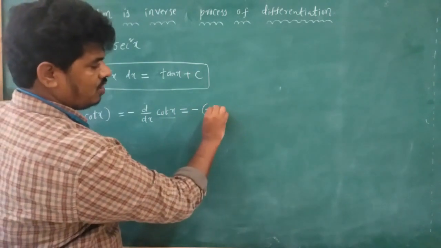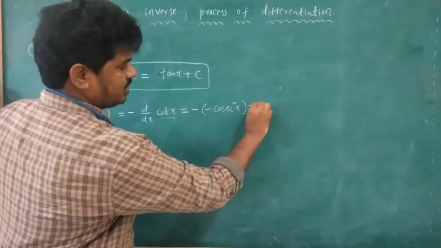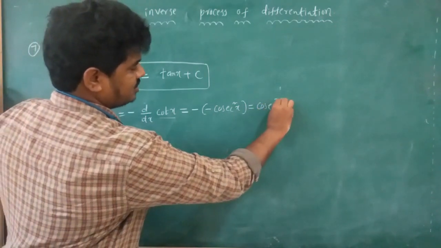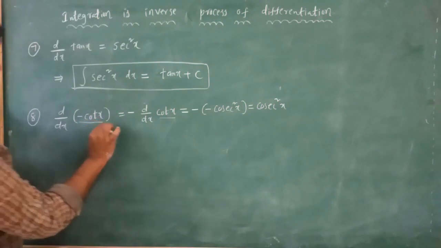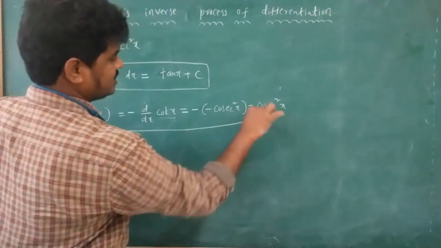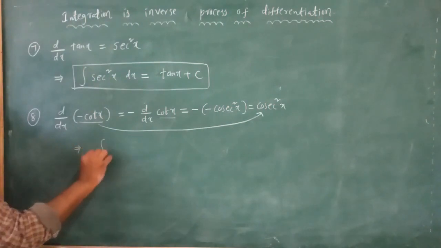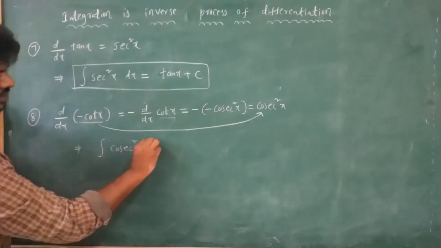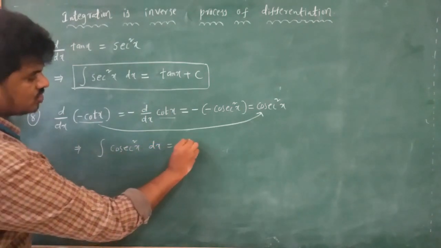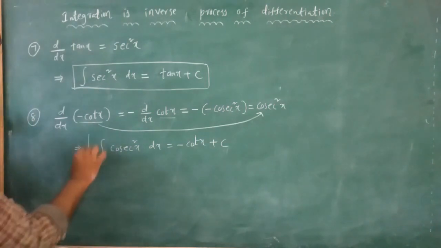So minus of minus cosecant square x is cosecant square x. Just observe, the derivative of minus cot x is cosecant square x. So from this we can write, the integral of cosecant square x dx is equal to minus cot x plus c. It is the 8th formula.